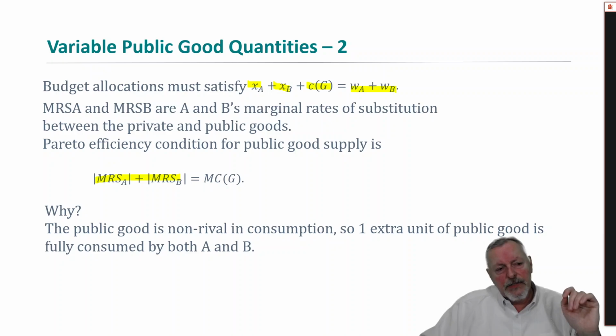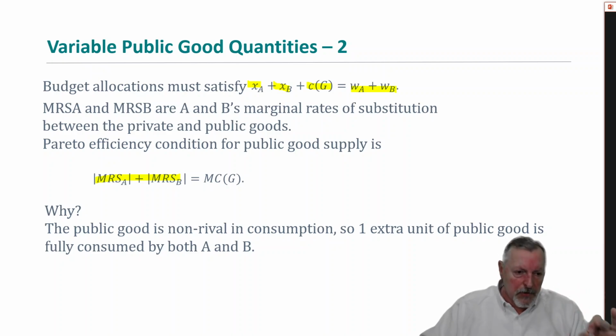The better way to think of this is that the marginal utility from spending $1 on a public good for person A and the marginal utility of spending $1 on a public good for person B, that total has to equal the marginal cost of the good for it to be efficient.